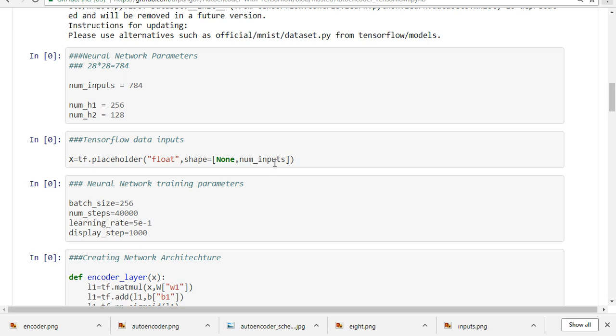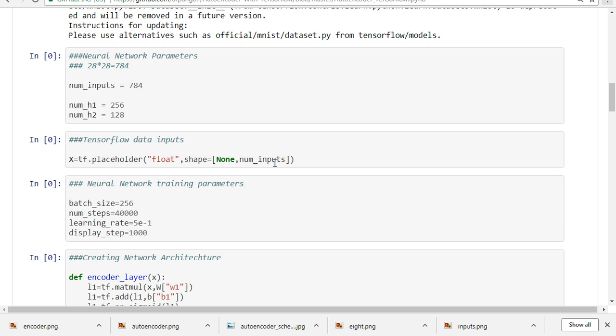We are not feeding the image as a 2D image, we are feeding each image as 784 dimensions. So each image will be 1 by 784. If you have 10 images, it will be a 10 by 784 matrix. If you have 100 images, it will be 100 by 784 data size.